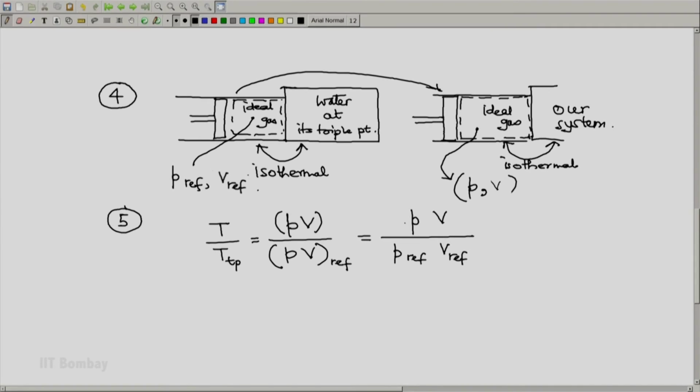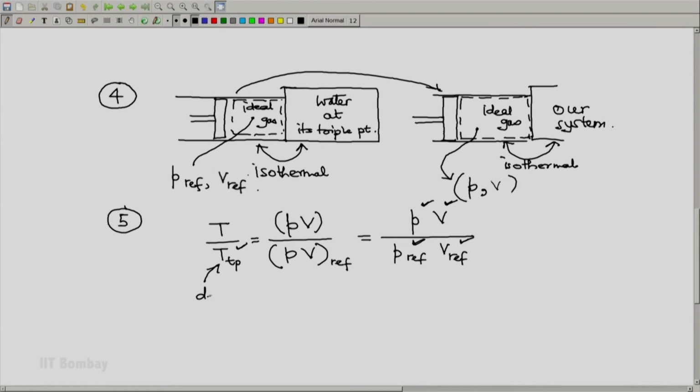Notice that on the right hand side we measure this pressure, we measure this volume, we measure this pressure, we measure this volume, and on the left hand side this T of triple point is defined.